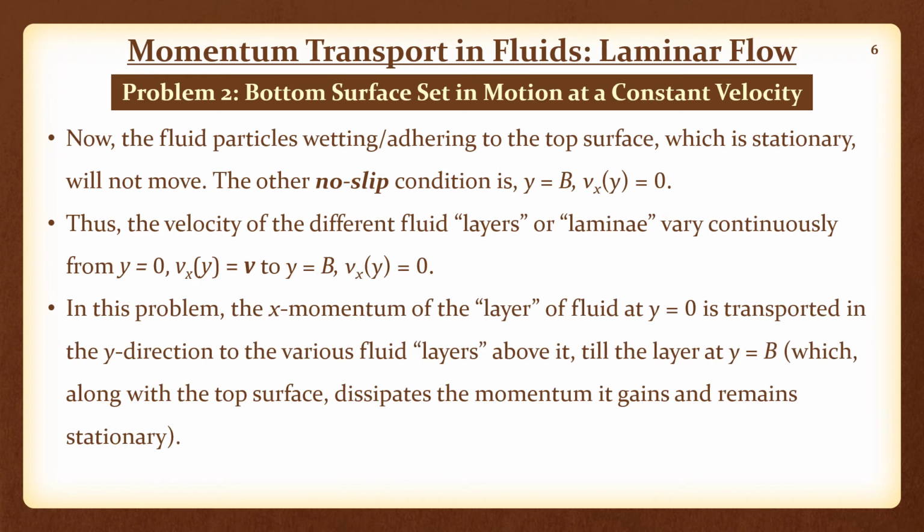So in this problem, the x momentum of the layer of fluid at y equal to 0 is transported in the y direction to the fluid layers above it. In other words, the fluid particle flowing at the layer y equal to 0 drags the fluid particles at a layer just above it along with it, and that in turn drags the fluid particles at a layer just above it along with it, and on and on until y equal to b.